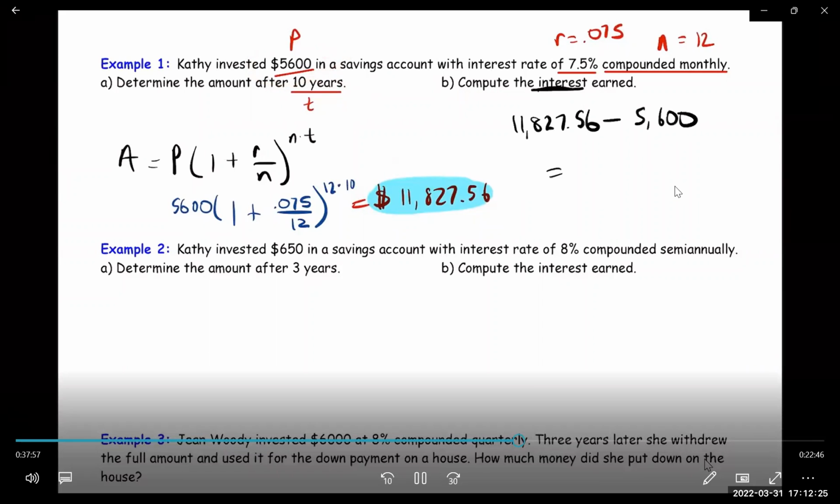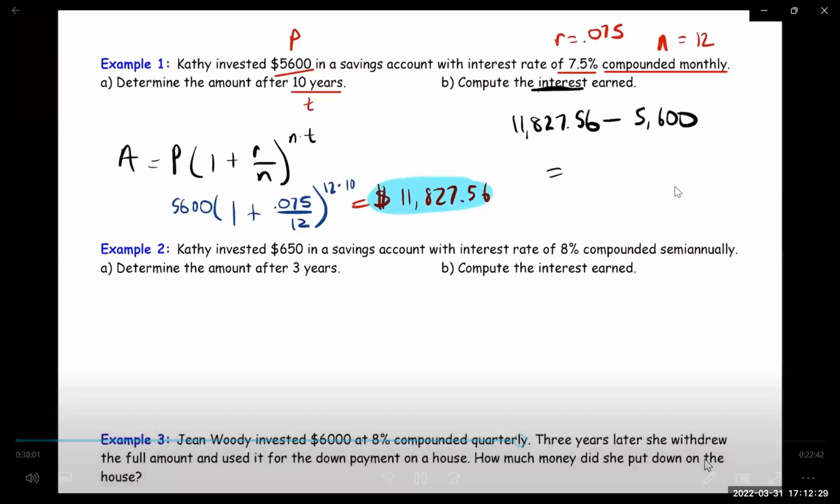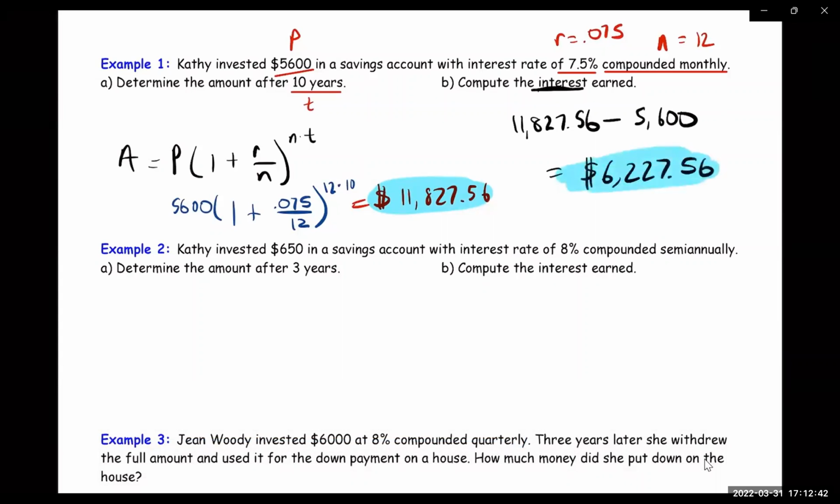So let's see how much that is. $6,227.56. So that's a lot of interest. But it is a long time, 10 years. Yeah, that's still pretty good though.